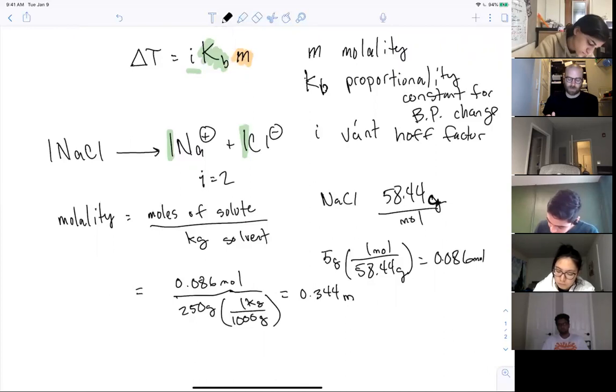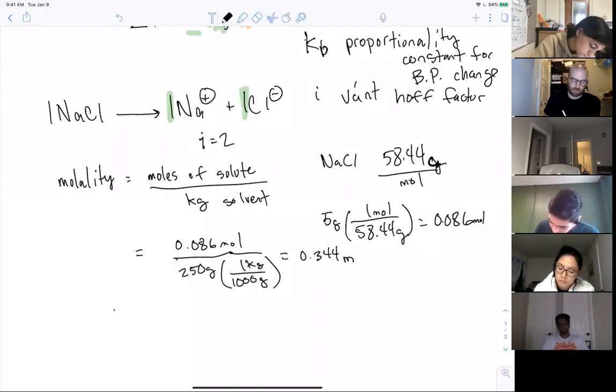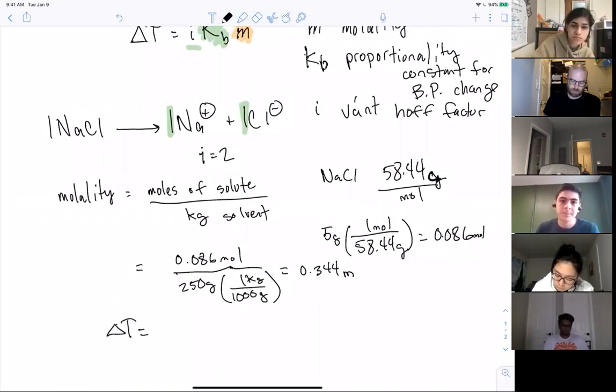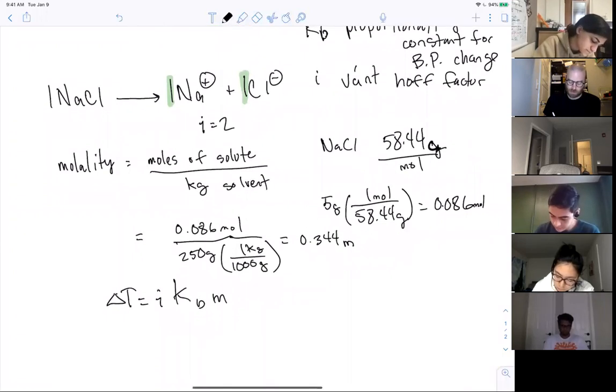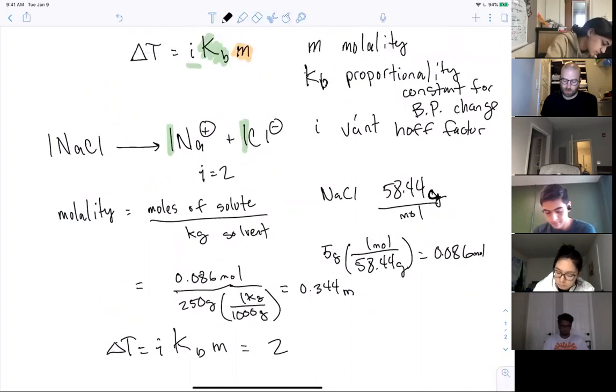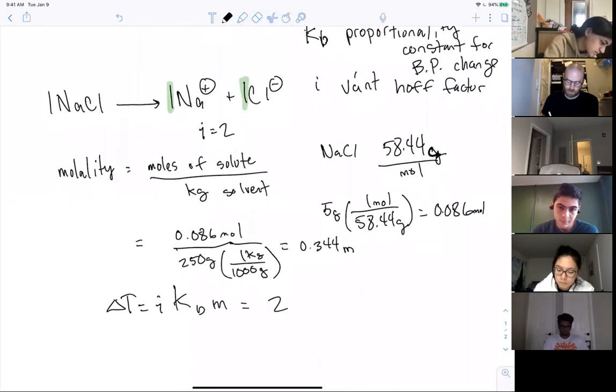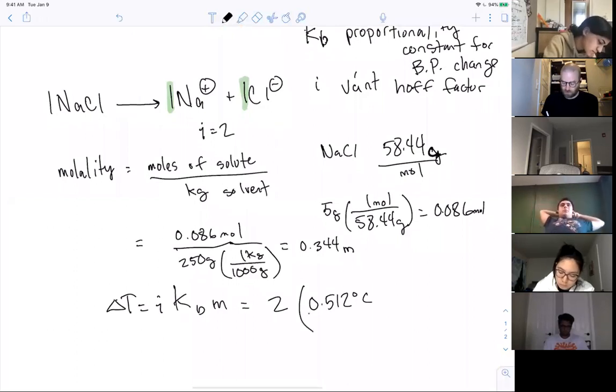All right, so we've got the molality, and we've got Kb, and we have i, so we can calculate what delta T will be now. I'll rewrite the equation just so we can see it. i equals 2, which is just a dimensionless quantity. Then Kb, which we're given in the problem as 0.512 degrees Celsius per molal.